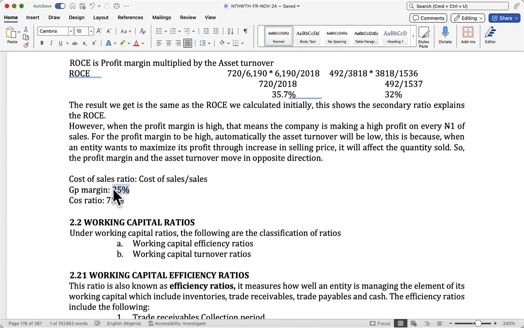You don't even have to sweat. Your cost of sales ratio is 75%, because if your gross profit margin is 25%, that means your cost was 75%. That was the answer for that. And unfortunately, a lot of students didn't get it right for one reason or the other, and it was for 3 marks.